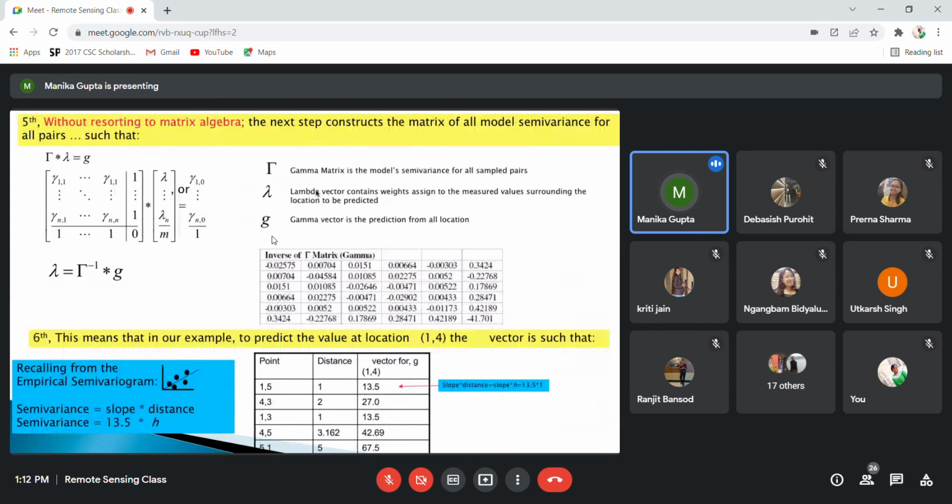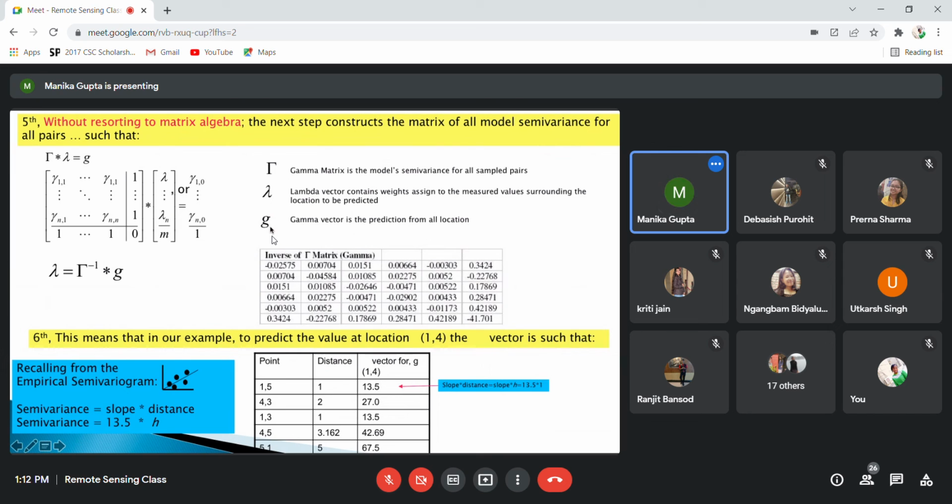Once you have this, this is your gamma. It contains weights assigned to the measured values surrounding the location to be predicted. So we got this gamma matrix. We have to calculate the lambda values, and you have this g value again.